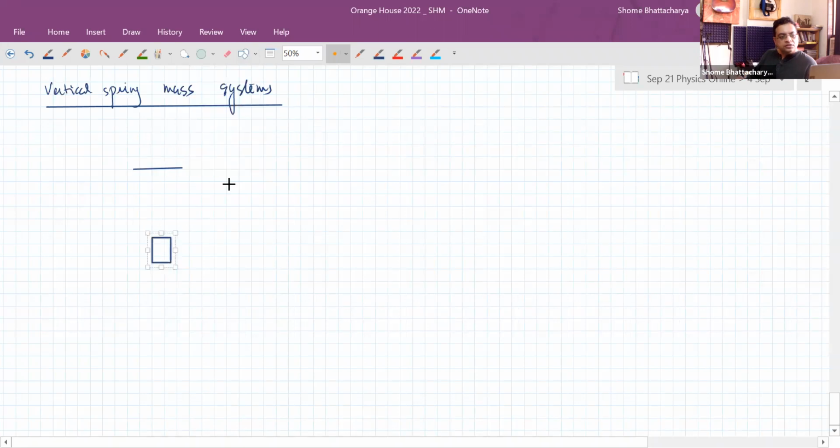So we have a situation like this, that you suspended a block from a ceiling like this.